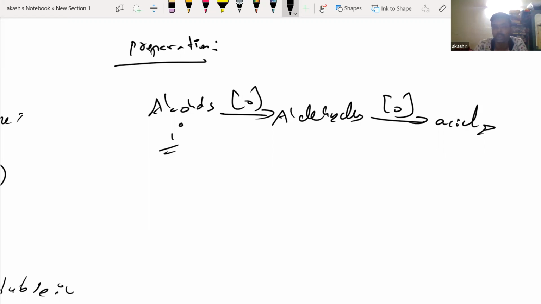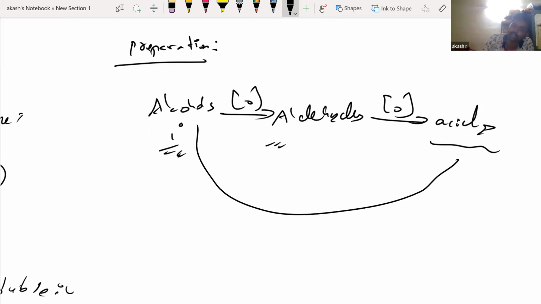We'll get ketones. So primary alcohols oxidize to aldehydes, and aldehydes on further oxidation give acids.